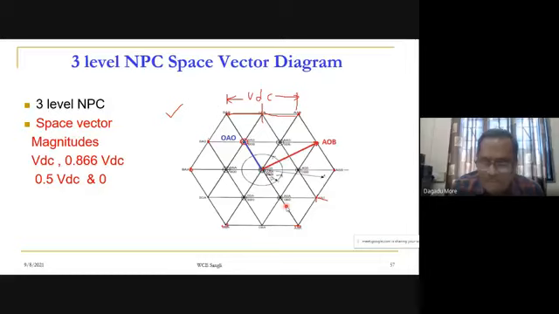If 5 level, divide the DC link into 4. If 7 level, divide the DC link into 6. Then just draw the lines from these points parallel to the sides of the hexagon, and that will complete the space vector diagram. Is it clear how to draw the space vector diagram for a 3 level inverter?